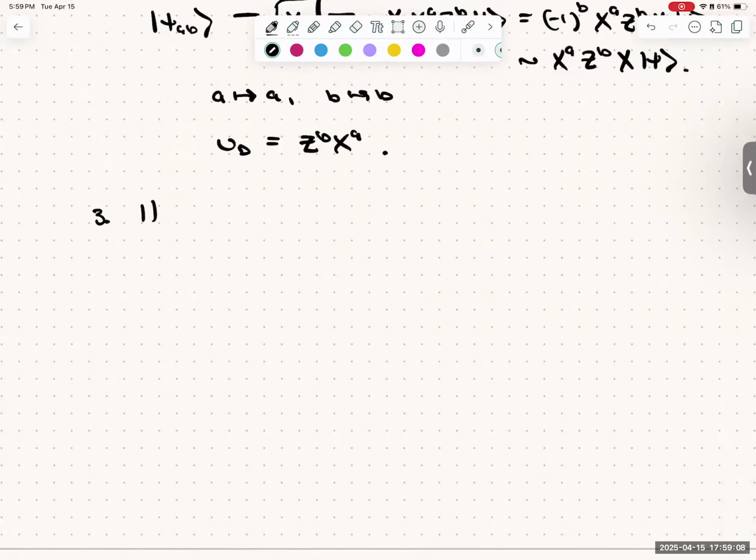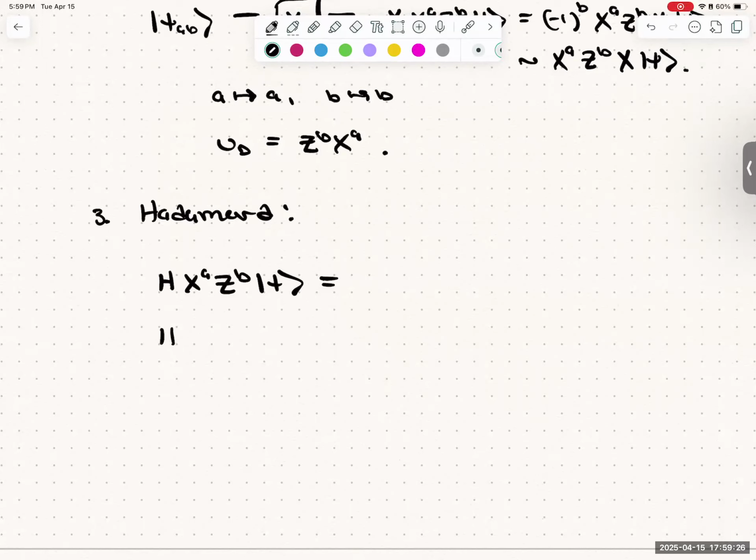Okay, so what about like Hadamard? We already kind of did this. So the idea is that you apply Hadamard to X_A Z_B psi.